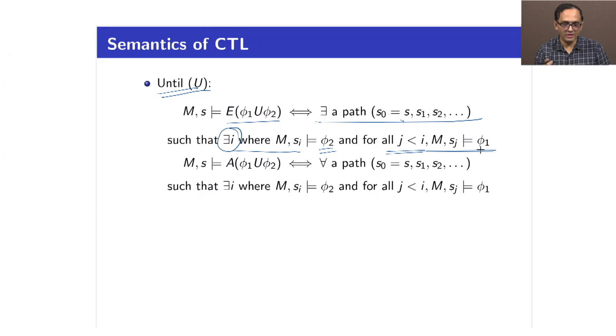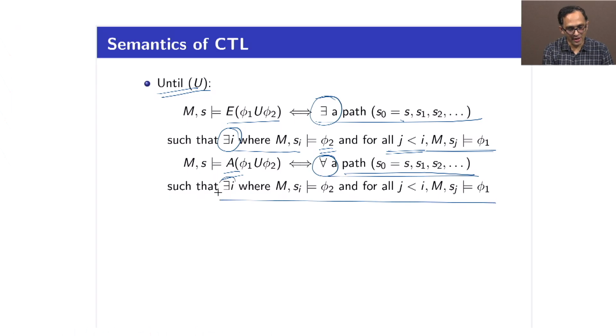This is the standard definition, and this is happening for at least one path. For A, it is basically for all paths: there exists some i in that path where in that state phi 2 holds and in all previous states phi 1 holds. So, this is well understood. Okay, so syntax we understood.